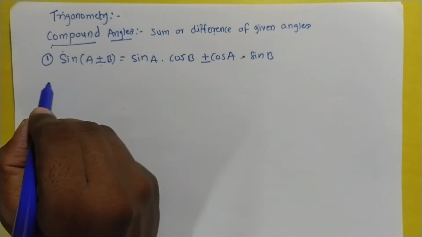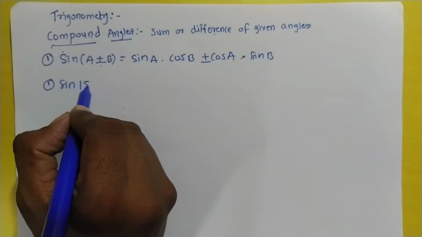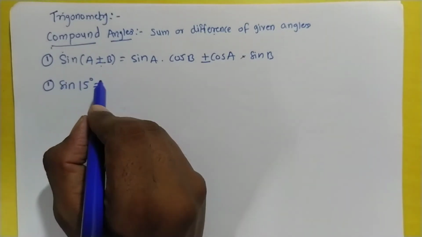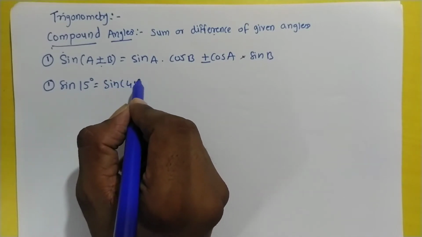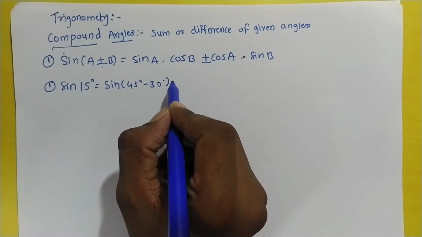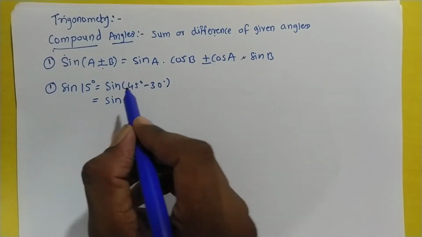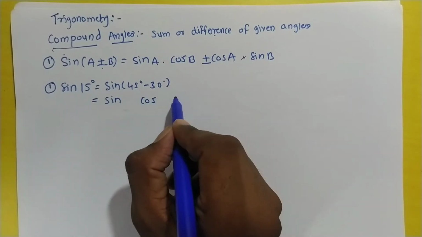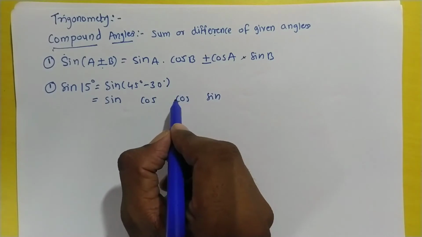Let's take some examples. The first example, sine of 15 degrees. We can write sine of 45 degrees minus 30 degrees is equal to, again remember sine, cos, cos, sine, same sign.